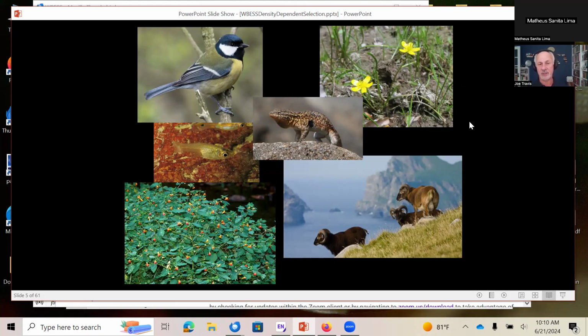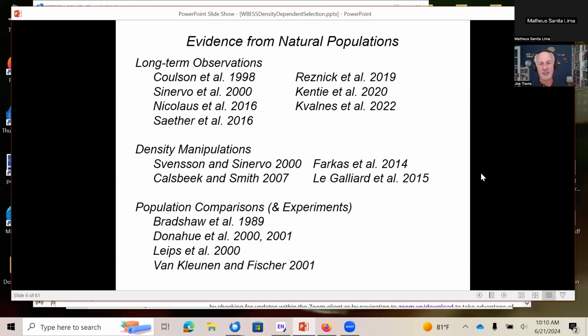And these are photos of some of the organisms involved in some of what I think are the paradigmatic studies: the great tits, lizards, impatiens, the St. Kilda sheep, etc. And you can find pretty good evidence from natural populations that density dependent selection acts, that selection depends on population density, whether it's long term observations of populations, density manipulations or population comparisons and experiments, there is a good bit of evidence.